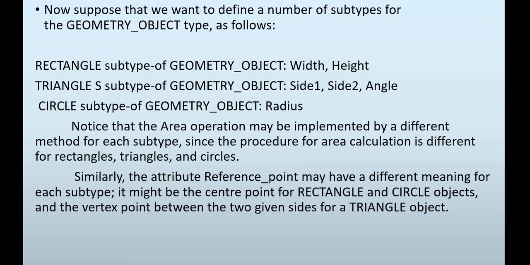Alright. Suppose you want to define a number of subtypes for the geometry object type as follows: rectangle, triangle, and circle.